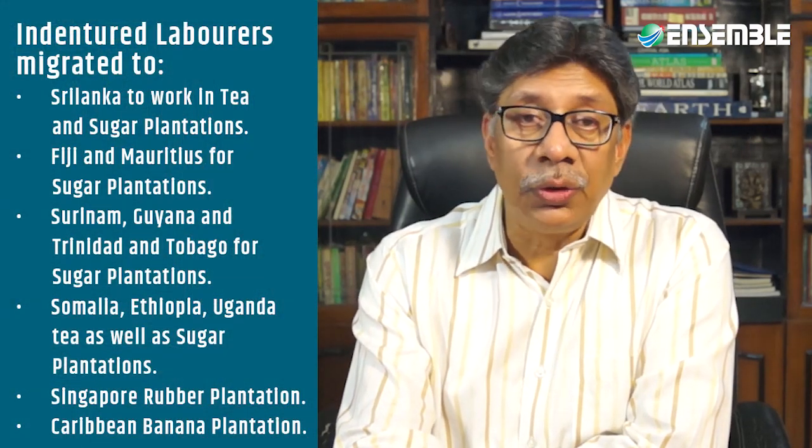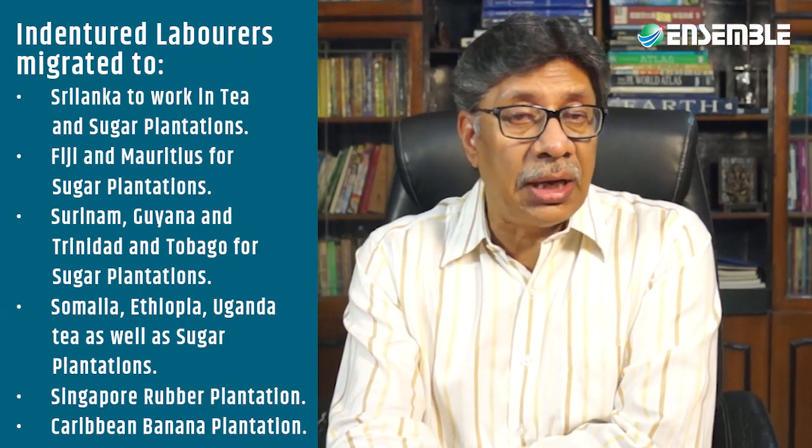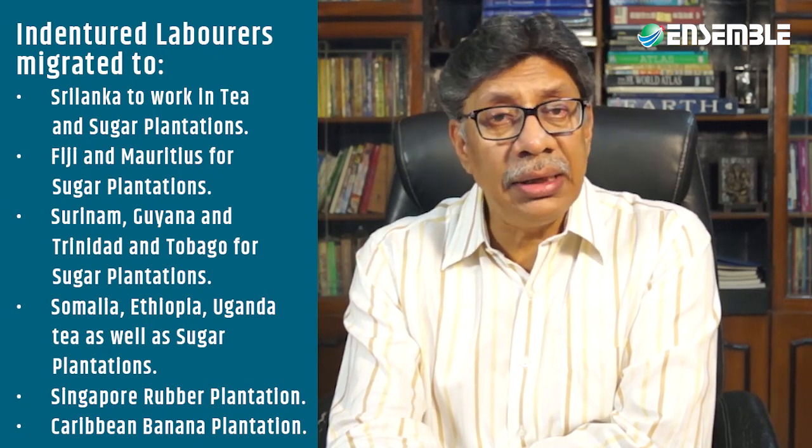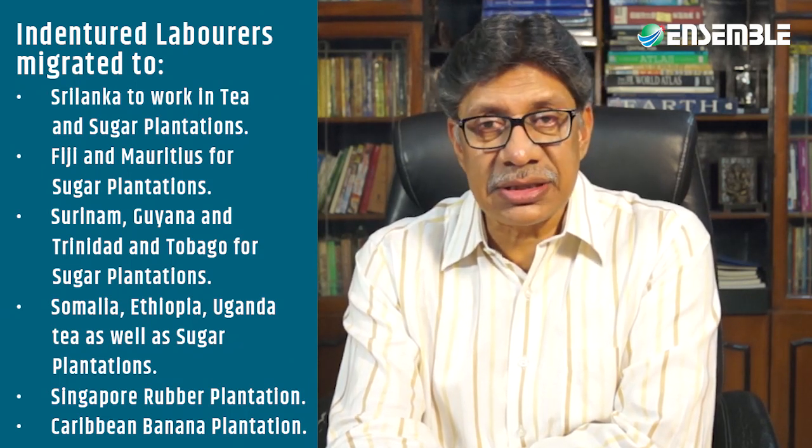The third has been that indentured laborers were taken to various places to work on sugar, coffee, spices, cotton and tea plantations. Thus they migrated to Sri Lanka to work in tea and sugar plantations, to Fiji and Mauritius, to Suriname, Guyana and Trinidad and Tobago for the same, while some were taken to Somalia, Ethiopia, Uganda to work on tea as well as sugar plantations.